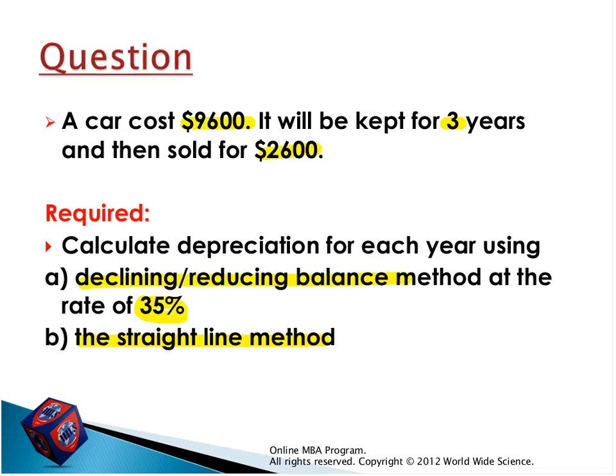second year? Anyone want to show me the depreciation cost for the second year? Take the book value at the end of the first year, then multiply it by the 35%. You will get the depreciation cost for the second year.